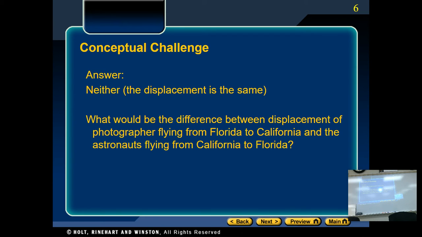When we're talking about displacement and velocities, what we're really beginning to talk about are vector motions. And that means that we have to pay careful attention to direction.